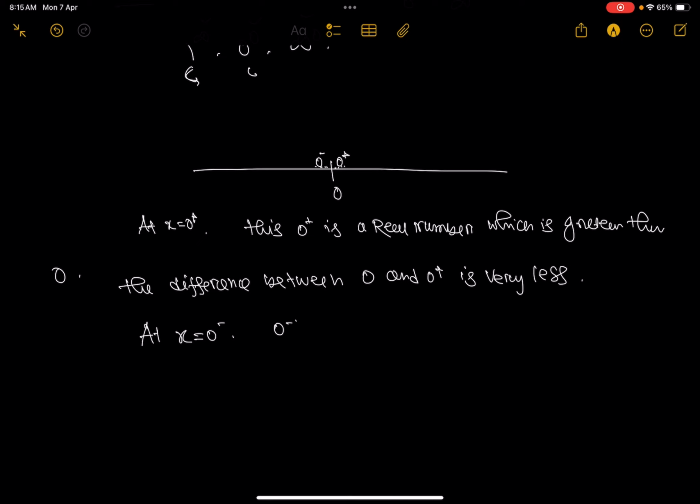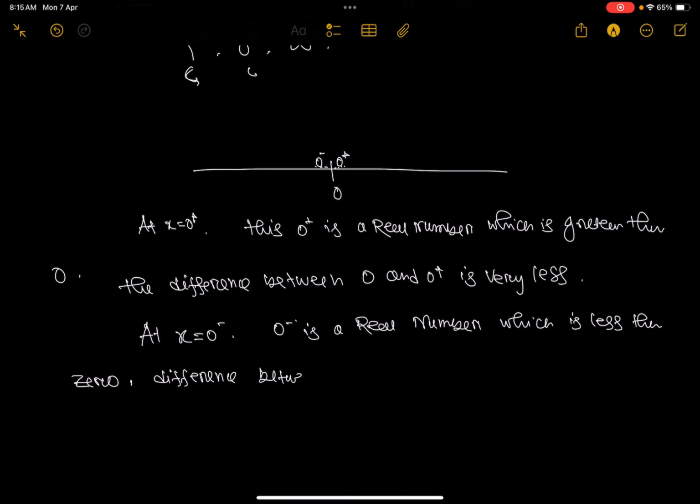The difference between 0 minus and 0 is very less.